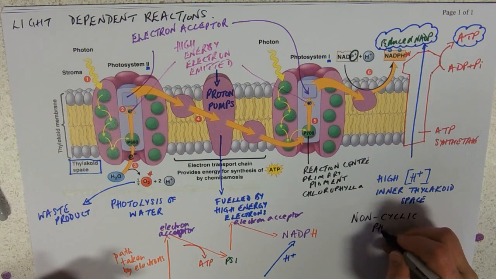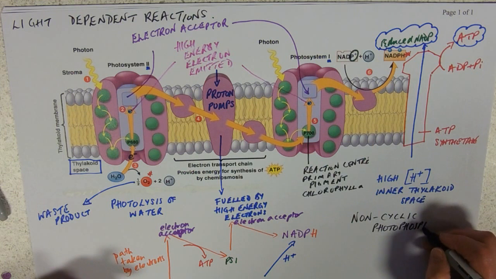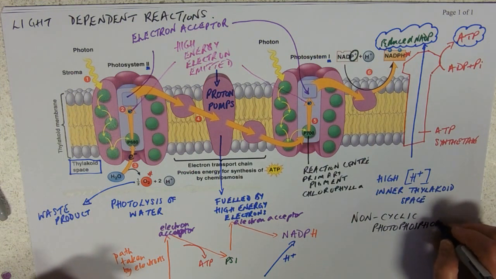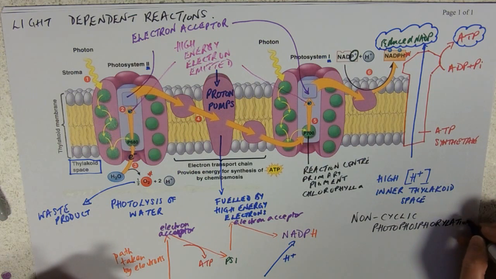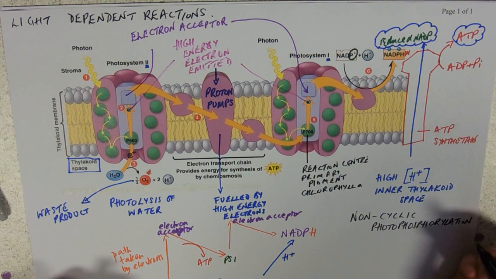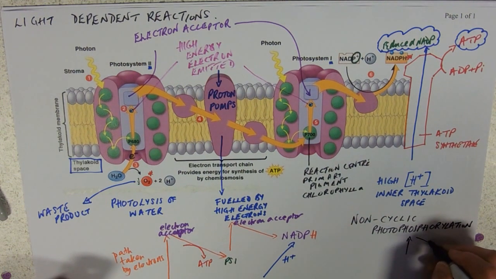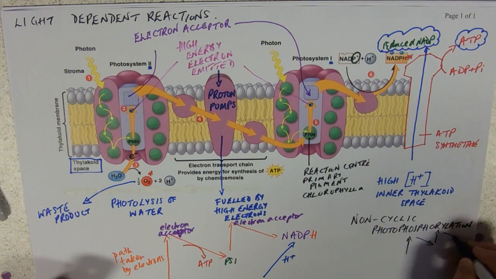Photo, meaning it happens in light. Phosphorylation, meaning that we're going to make some ATP, we're going to add phosphate to ADP. Non-cyclic photophosphorylation. Z scheme.